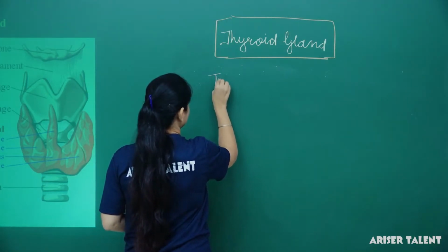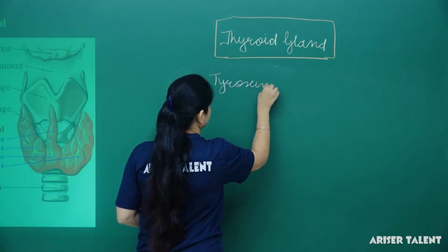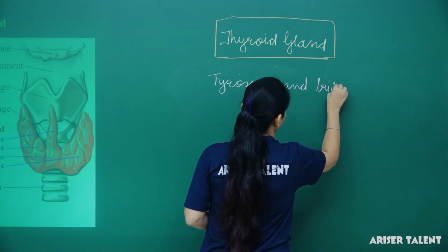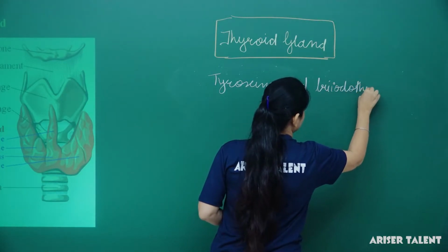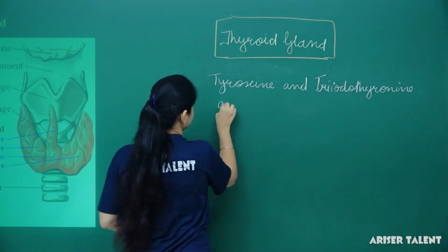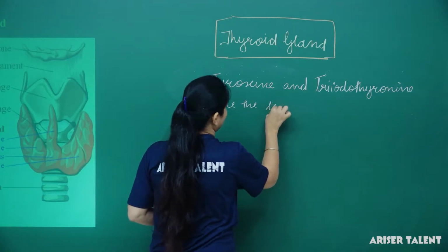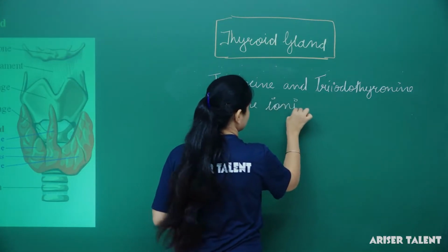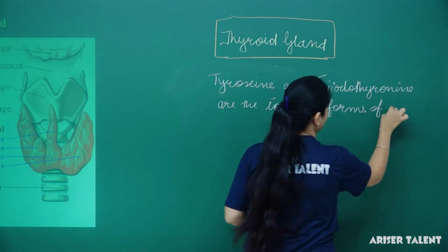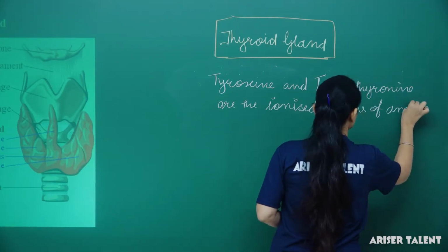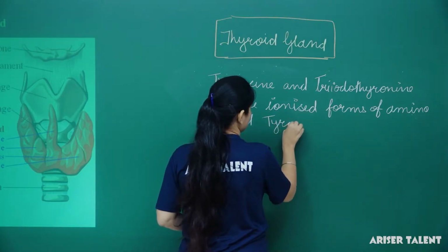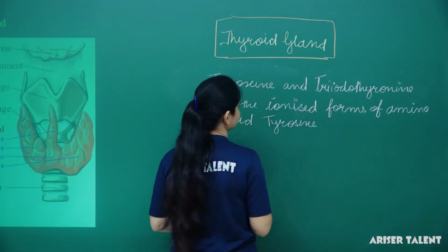Thyroxine and triiodothyronine are the iodinated forms of the amino acid tyrosine.